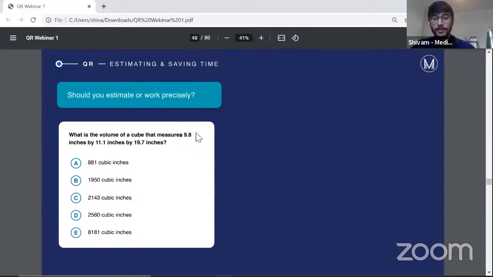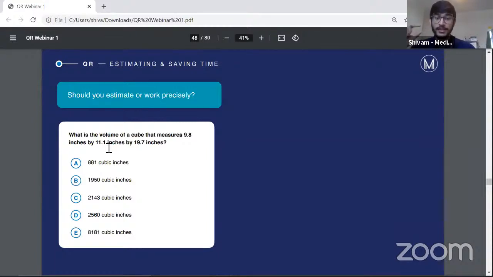Okay, so I'm going to now look at each number closely. So 9.8. What you've done is actually rounded upwards. With 11.1, you've rounded down. And with 19.7, you've rounded upwards. So 2 out of these you've rounded upwards, and only 1 of them you've rounded down. So what I'm thinking is that the answer you've got is slightly over what the real answer is.